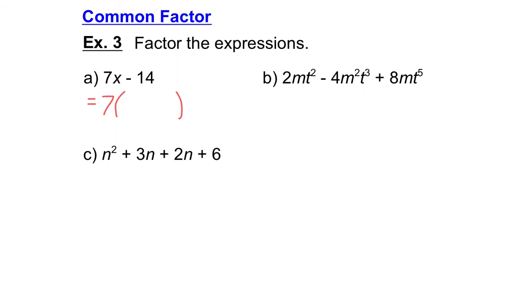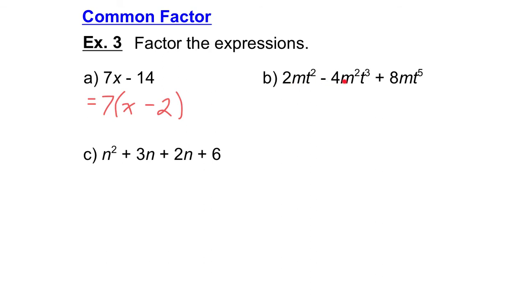Well, what multiplied by 7 gets me 7x minus 14? Because remember, I'm working backwards from expanding. So I know x times 7 gets me 7x, and minus 2 times 7 gets me minus 14. So the factors of 7x minus 14 are 7 and x minus 2. So now the expression is in factored form.